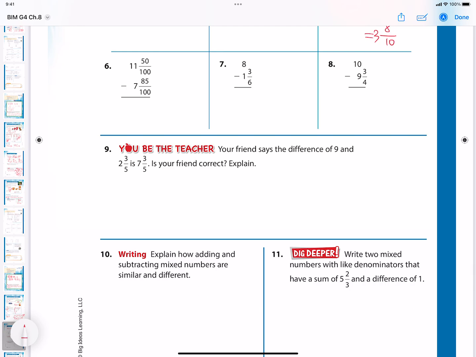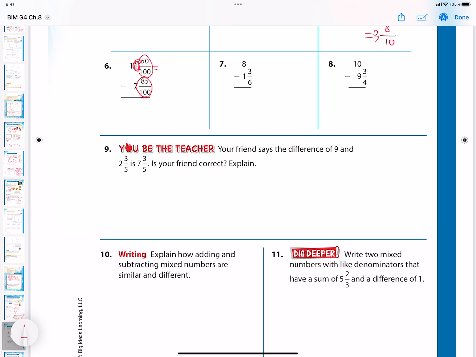11 and 50 over 100 minus 7 and 85 over 100. All right, let's check these fractional parts. Do you have enough fractions to take away this 85 from 50? No. That means what? You need to borrow one whole pie of pizza into 100 slices.